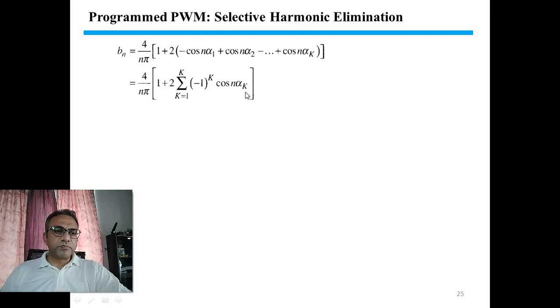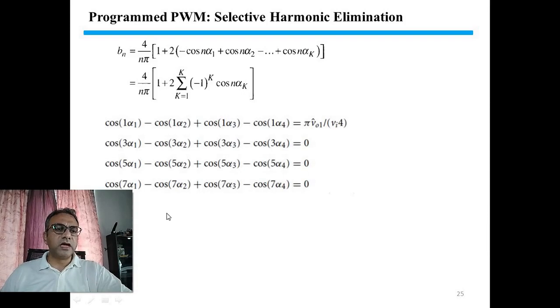We can do this by inserting the value of alpha I, expanding and placing alpha K as separate variables, and we get this matrix. Now what is this matrix?